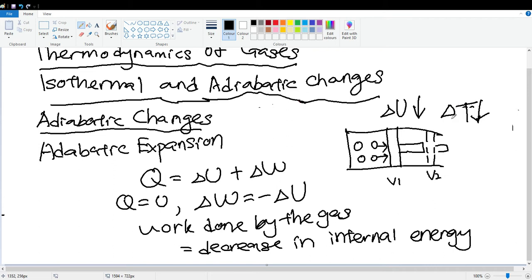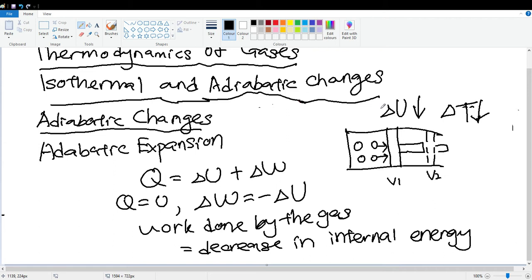So when there is no heat supplied to the system, which means Q is equal to 0, the work done by the gas equals the decrease in internal energy.